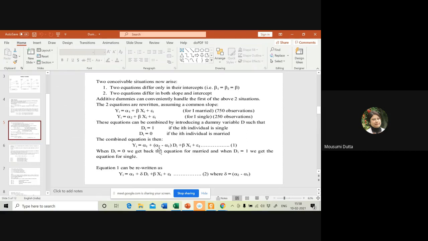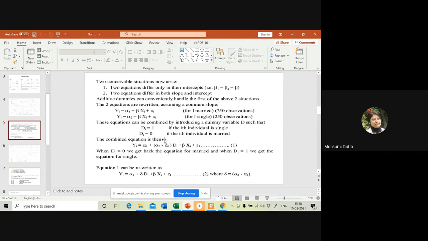If alpha 2 minus alpha 1 is negative, the intercept of the second variety, that is the single individual, will be lower than that of the married group. On the other hand, if alpha 2 minus alpha 1 is positive, you will find that the other group remains above the alpha 1 group, that means the married group.